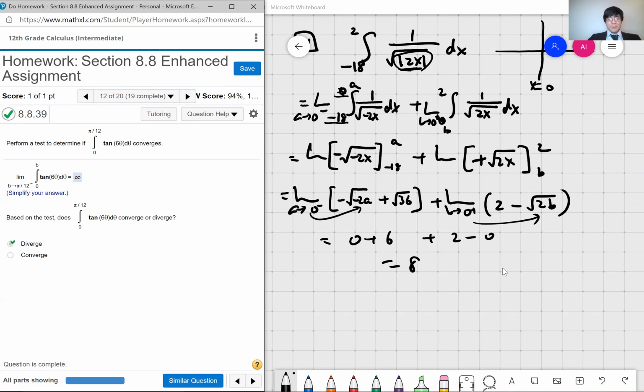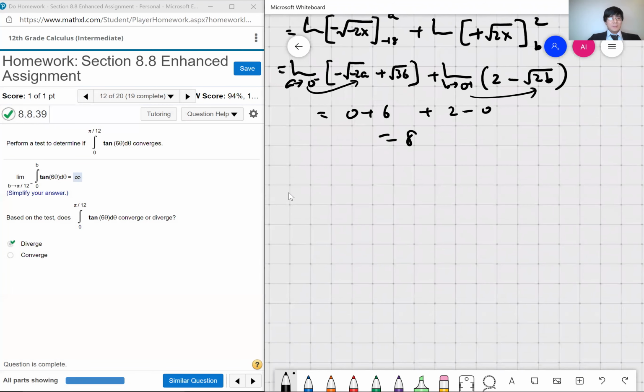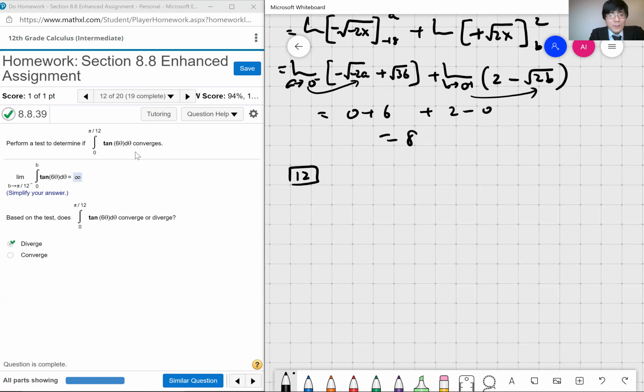Okay. From here, the problem changes, and it is asking whether the integral is converging or diverging. So now let's look at this expression. This is the integral of tangent 6 theta d theta, where theta is from 0 through pi over 12.